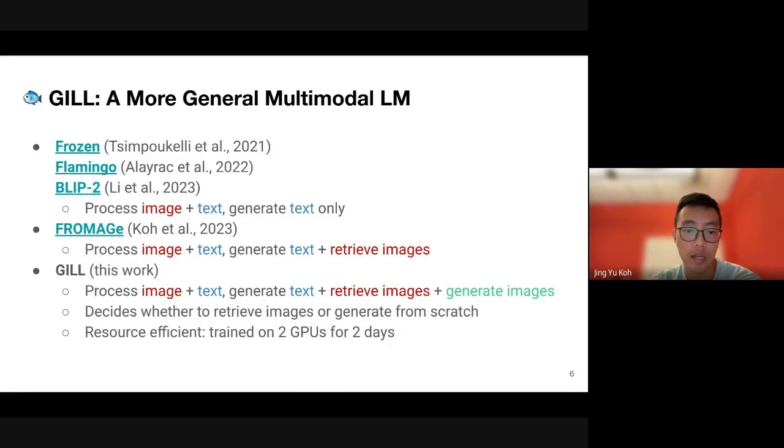So Gill not only is capable of processing images and text, it can also generate text, retrieve images, and generate novel images from scratch. And it decides when it wants to output retrieved images or when it wants to output generated images. Gill is also quite resource efficient, requiring just 2 A6000 GPUs for 2 days to be trained, because we leverage a lot of pre-trained language models and visual encoders.